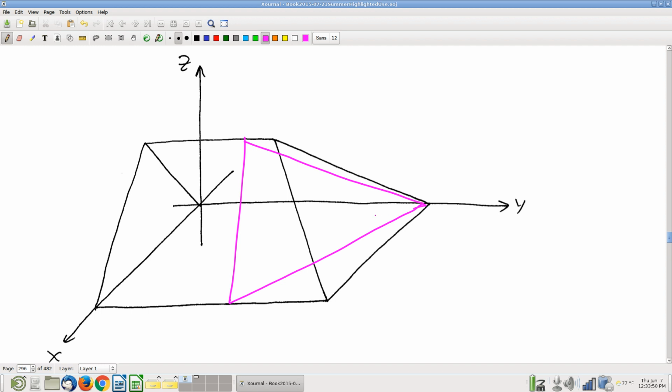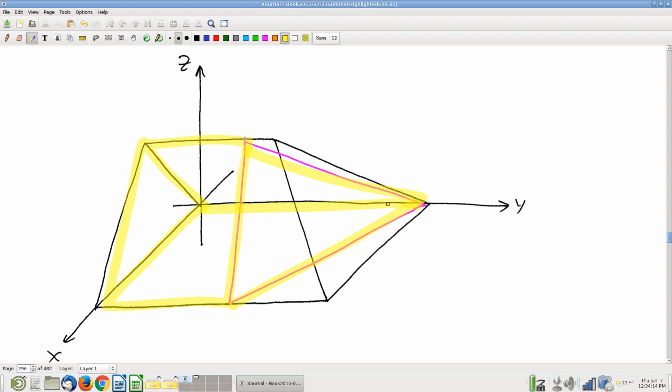So suppose it had been tilted instead of straight back that way. What if it had been kind of angled like this and then tilted back? So that our solid now looks like that.